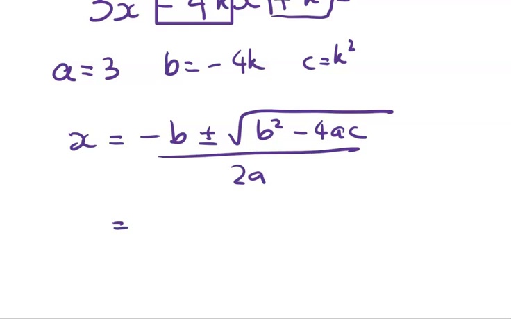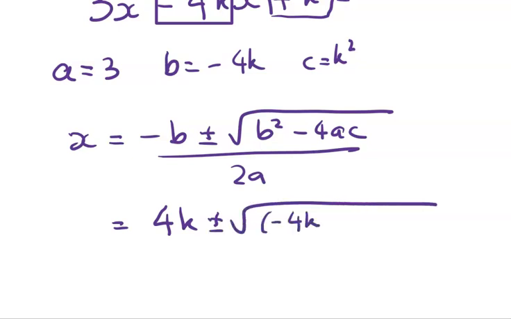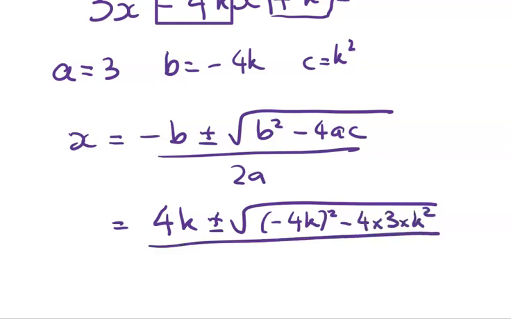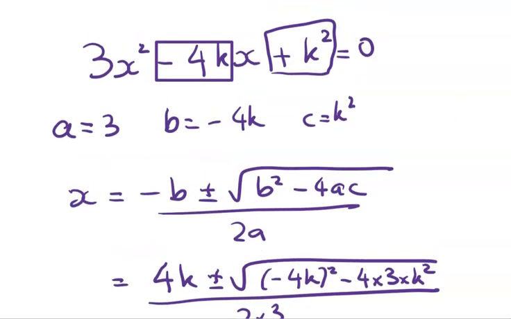Substituting in, I get negative b, so 4k, plus or minus the square root of negative 4k squared minus 4 times 3 times k squared, divided by 2 times 3. Let's just go back and check that we've substituted correctly and done the a, b, and c correctly. So a is 3, b is negative 4k, and c is k squared.